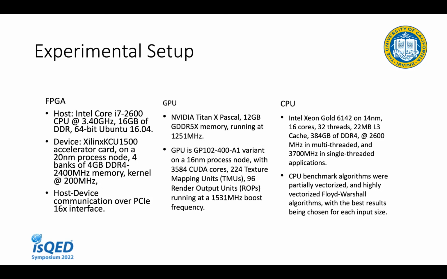For the GPU benchmarks, we used a Titan X Pascal, which is designed on a 16 nanometer process node. For the CPU benchmark, we've used the best results for the highly vectorized or partially vectorized Floyd-Warshall implementation, whichever performed best for each of our input sizes. This benchmark was performed on a 6th generation Intel Xeon processor.